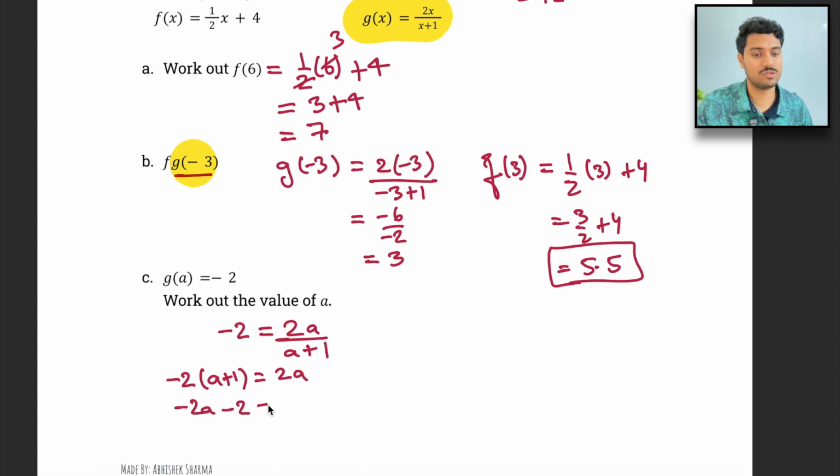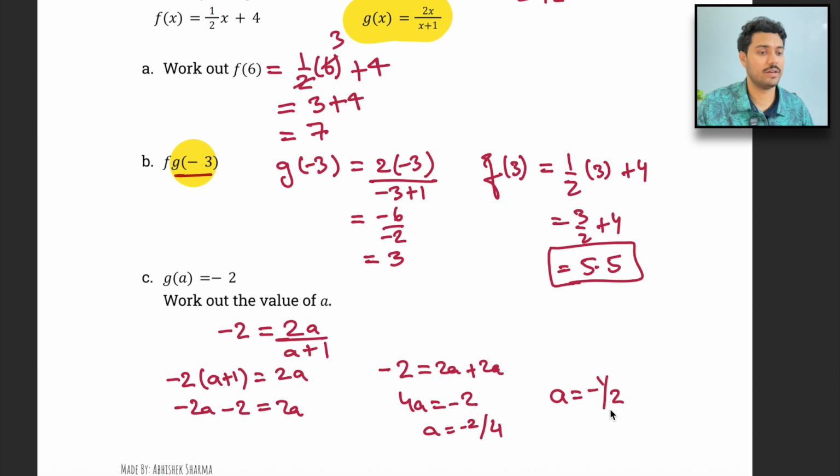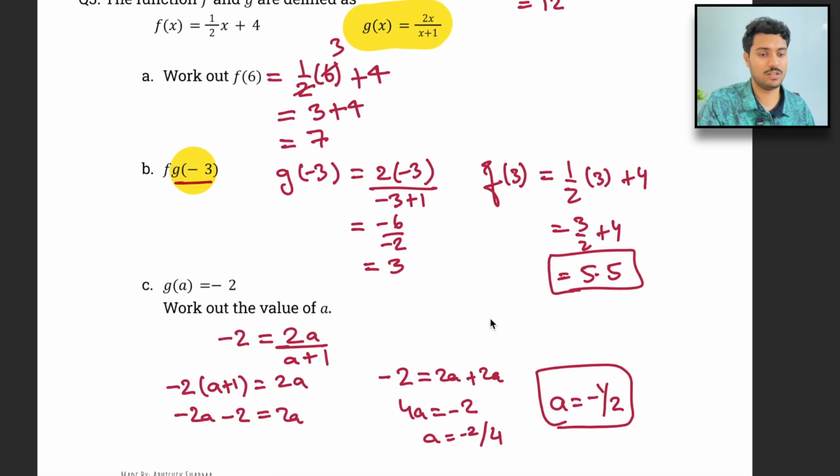Minus 2a minus 2 is equals to 2a. So we can write minus 2 equals to 2a plus 2a. So 4a is equals to minus 2. A is equals to minus 2 by 4. That is how a is equals to negative 1 by 2 or minus 1 by 2. That's the answer. Let's move on to the next question now.